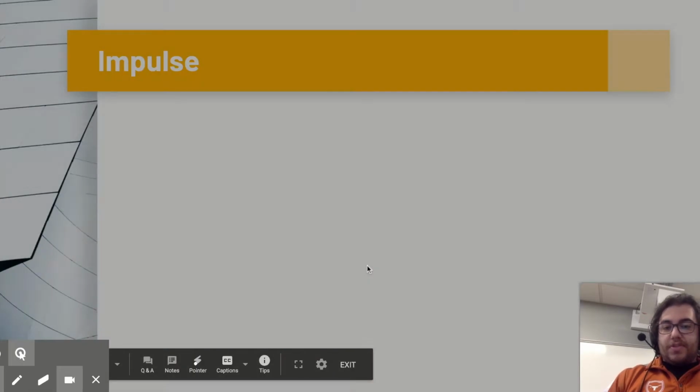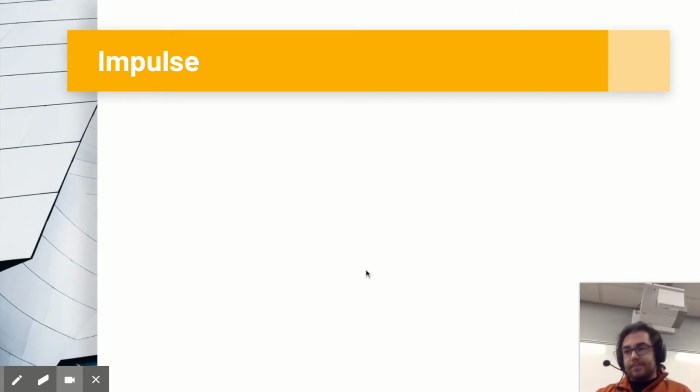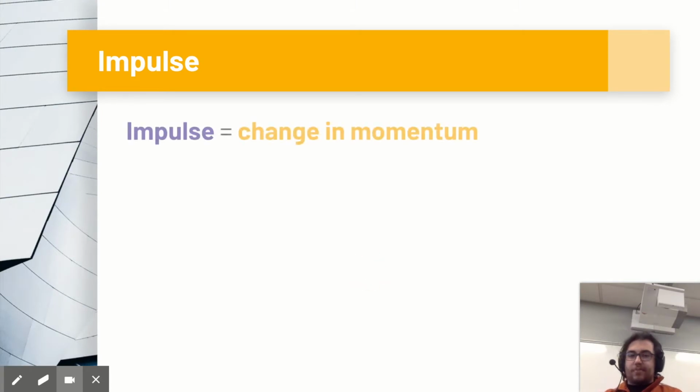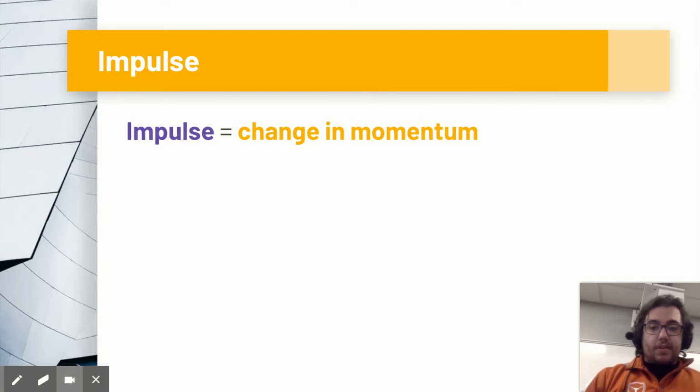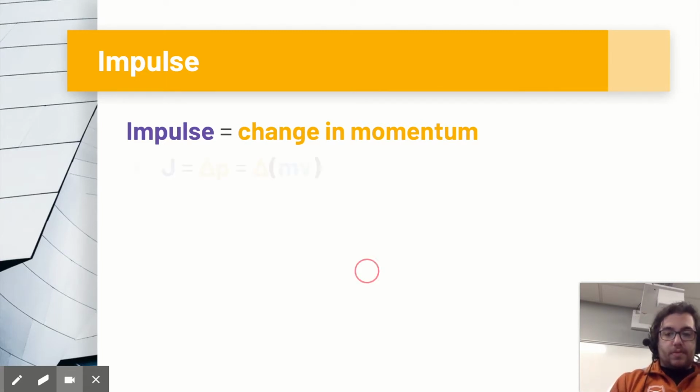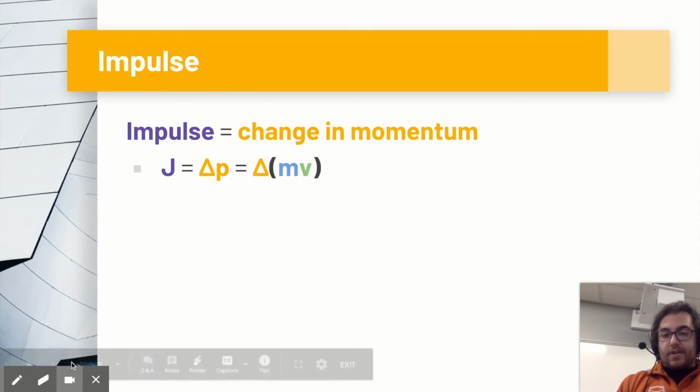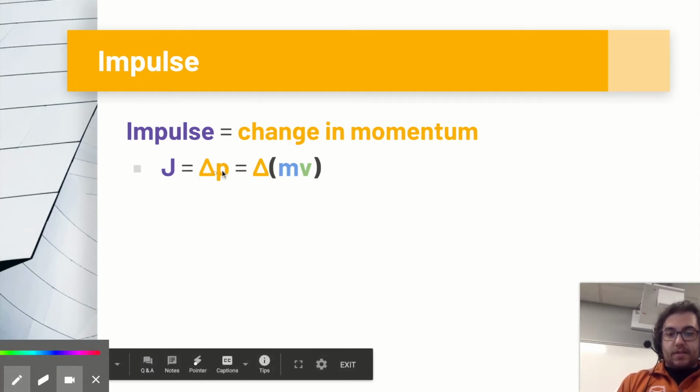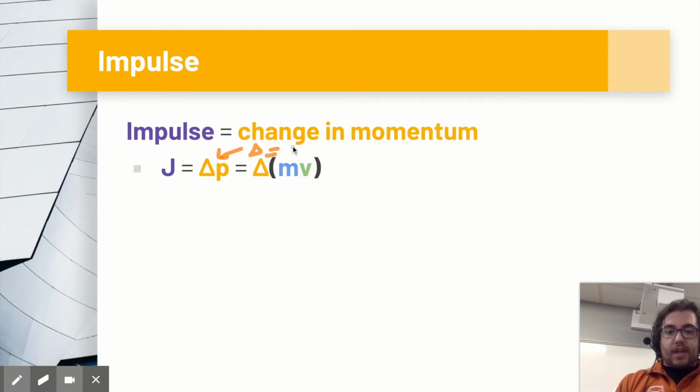Now, impulse isn't quite this simple. There is a second portion of impulse. We know that impulse is literally a change in momentum. The way this is written out is you'll see this delta P. Remember this delta, that triangle, means change.